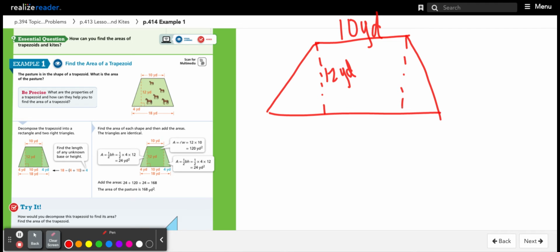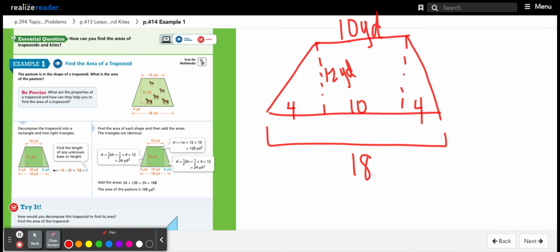Now they say that the whole bottom is 18 yards, and this part is 4 yards. That means that this is 4 yards. And if the top is 10, the bottom is 10. So it helps to kind of lay this out so that we can see it all.